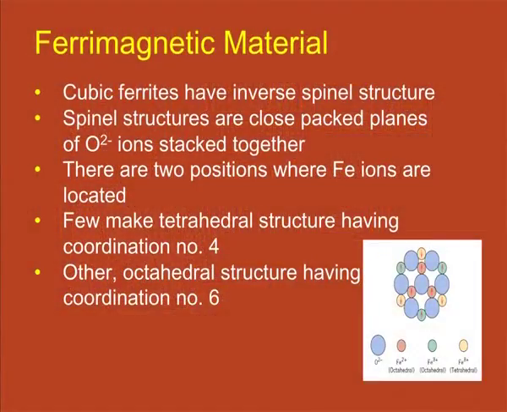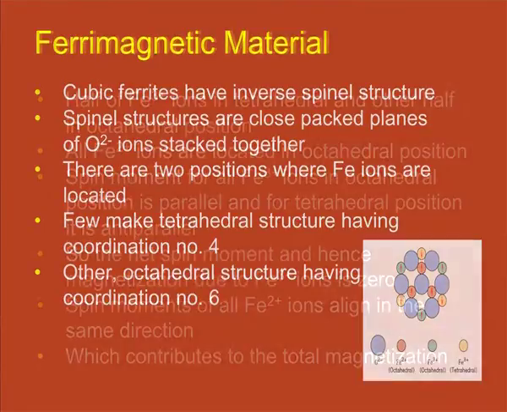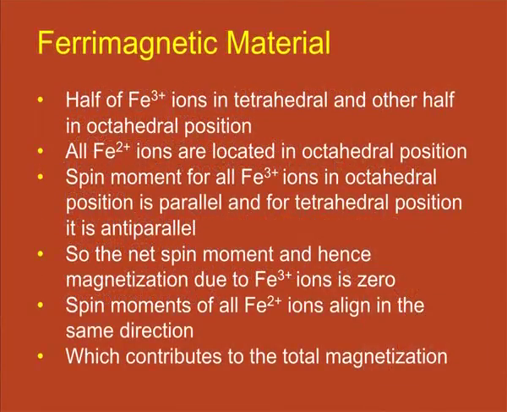Some of them are present in a location which makes a tetrahedral structure, and some of them are present in a location which makes an octahedral structure. The tetrahedral structures have coordination number 4, whereas the octahedral structures have coordination number 6. Half of the Fe+3 ions make tetrahedral structure and the other half make octahedral structure, but Fe+2 ions are located only in the octahedral position.